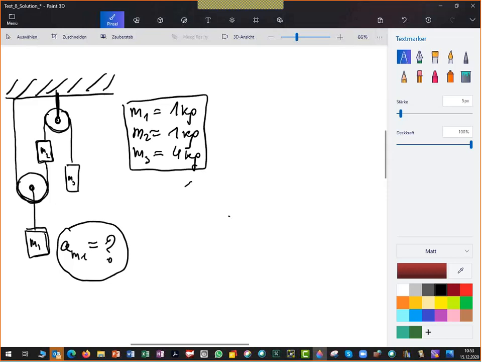Well, first of all, before we start drawing forces, let us make clear that, in fact, we have here not one single rope, but two. Have you noticed this, right?